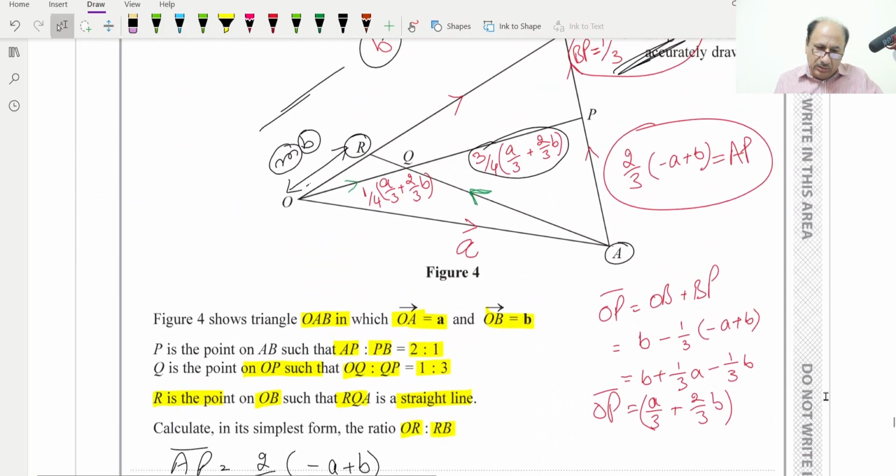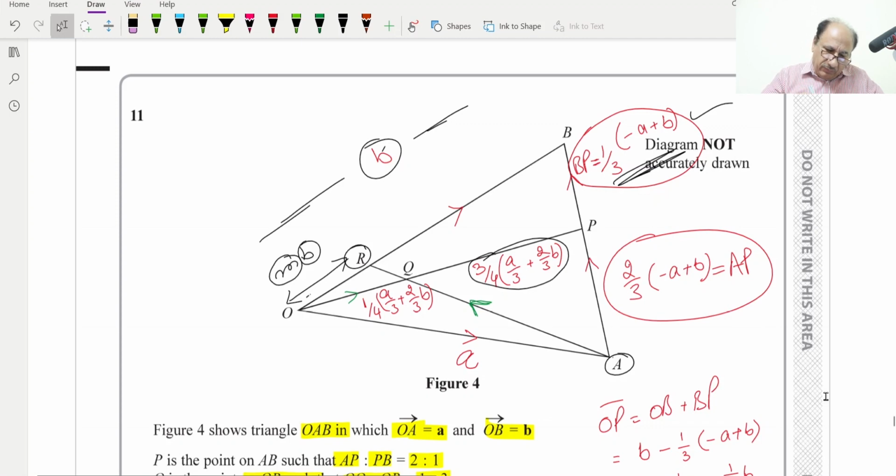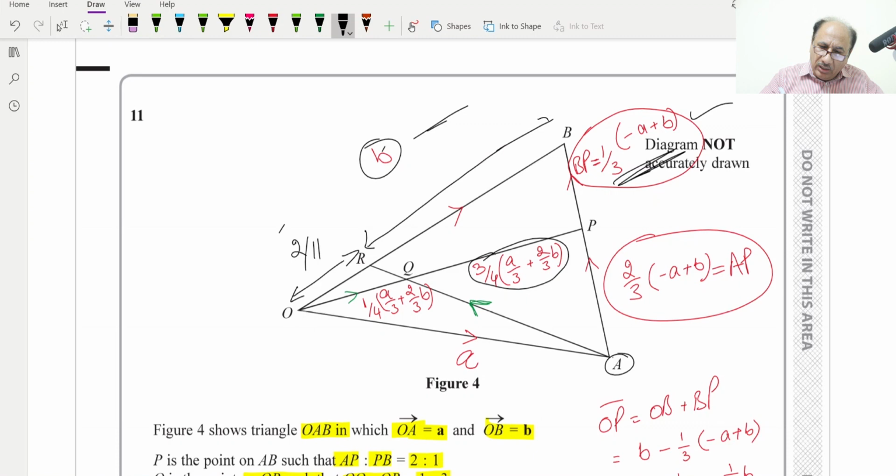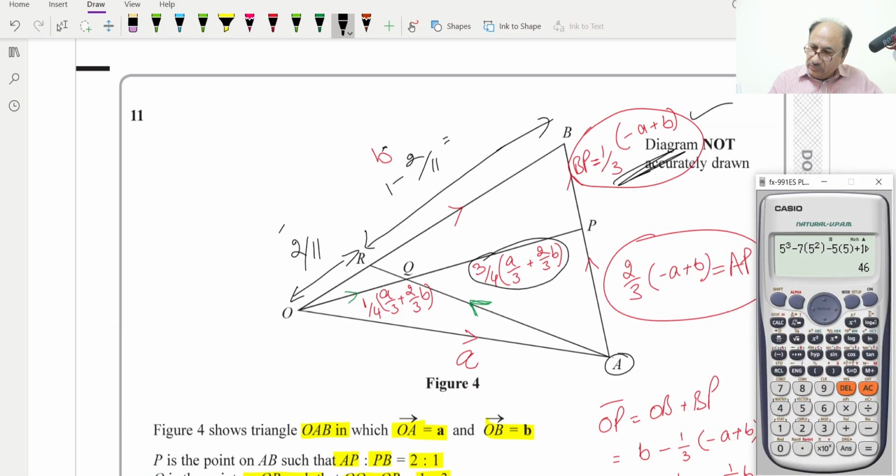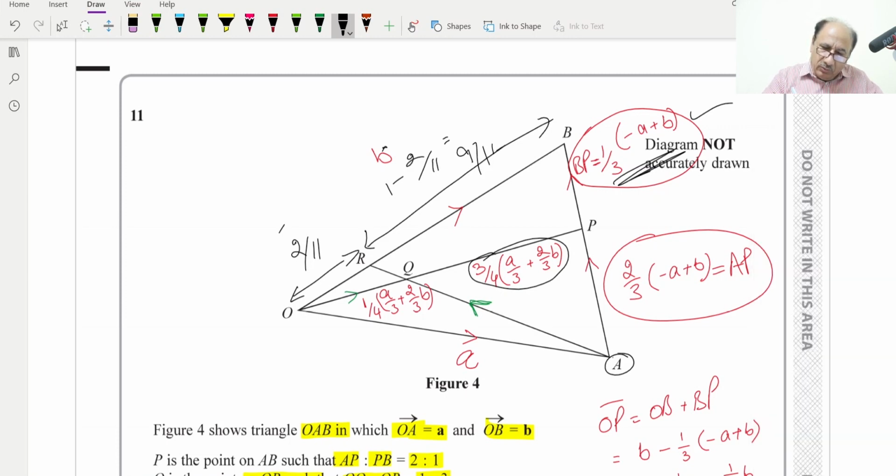From the drawing we can see this OR is 2 over 11, and the remaining portion will be RB. So RB will be what? Total is b, so 1 minus 2 by 11, which will be equal to 9 over 11. So this portion will be 9 over 11.